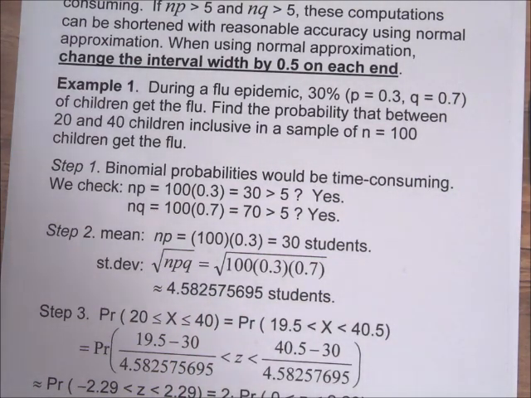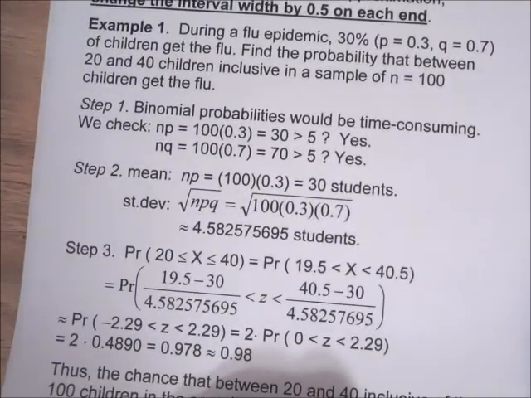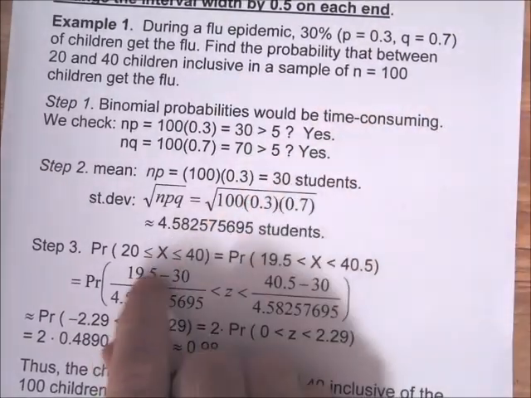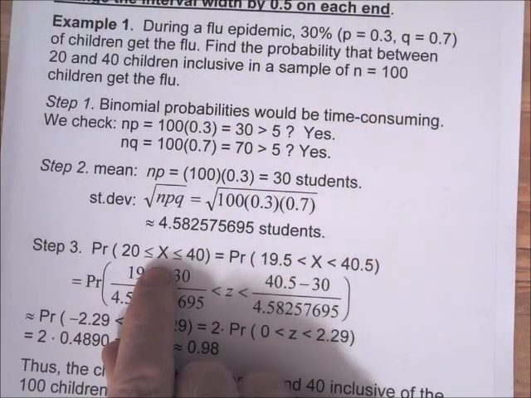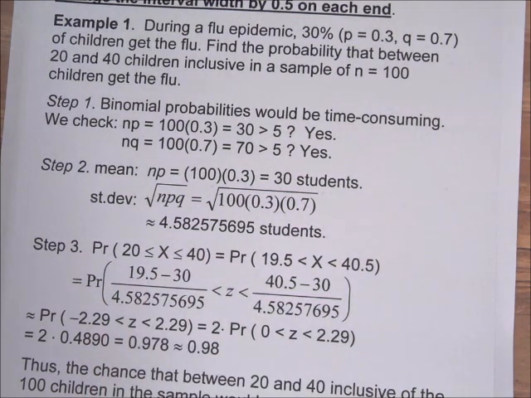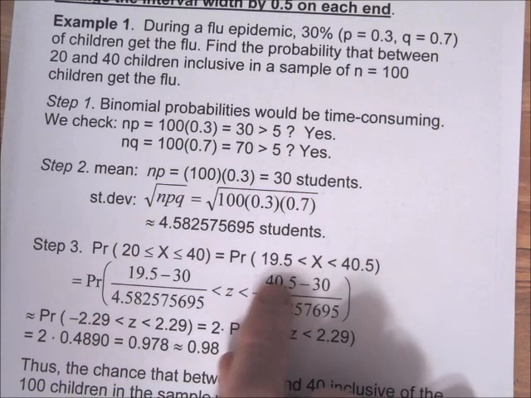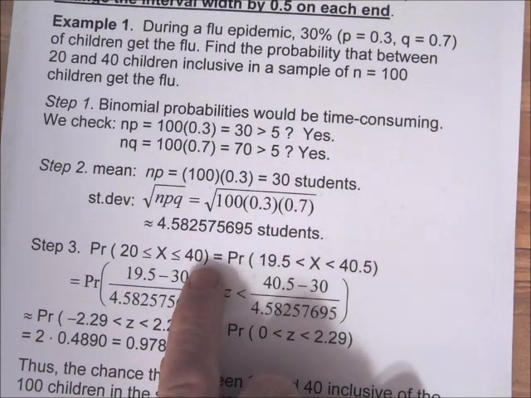And then the last step: we want to set up the probability computation. We want the probability that X is between 20 and 40 inclusive, and we need to subtract and add 0.5 on each end of the interval, because 20 is going to include everything from 19.5 to 20.5, and 40 is going to include everything from 39.5 to 40.5.